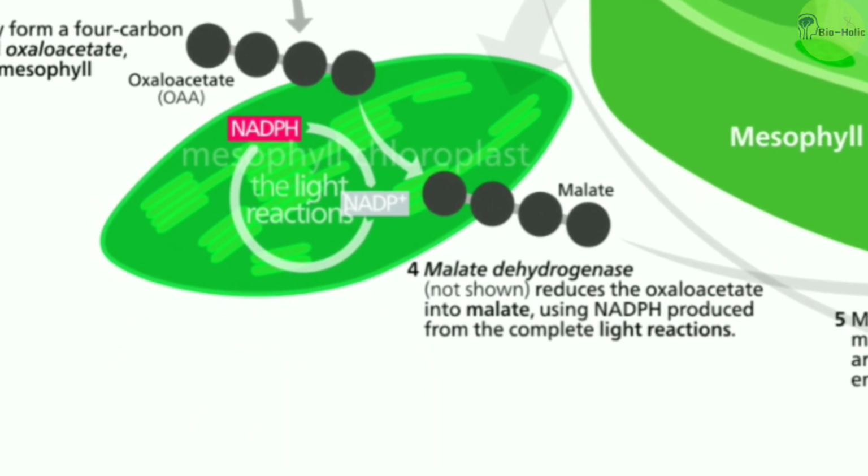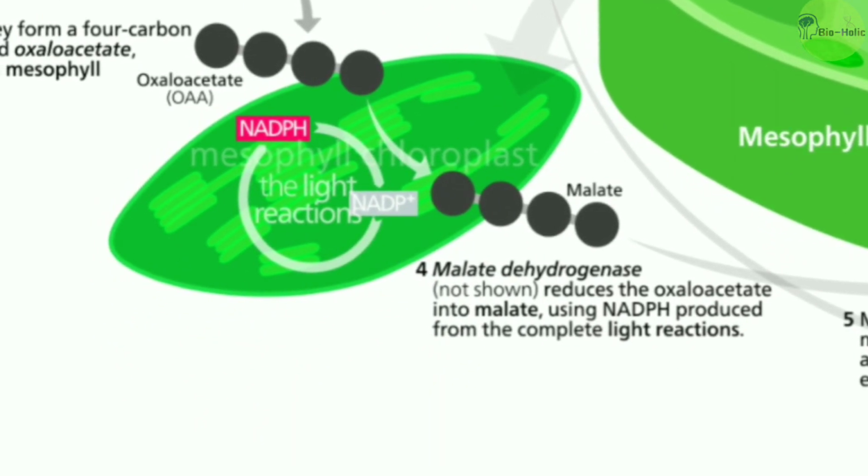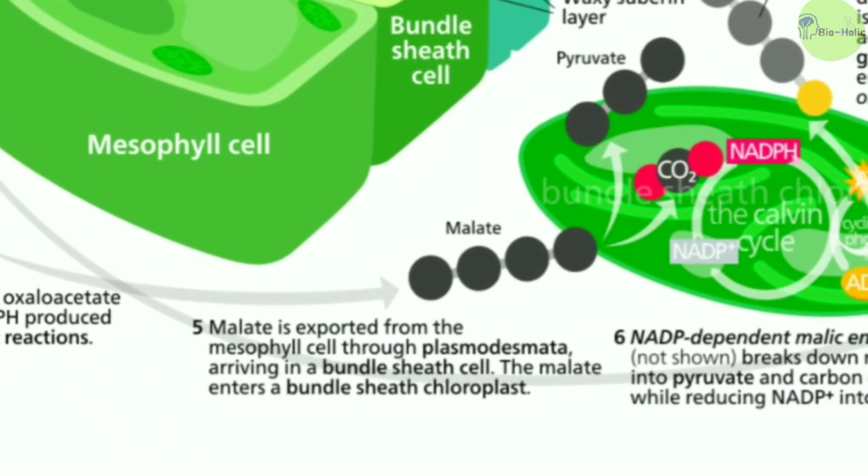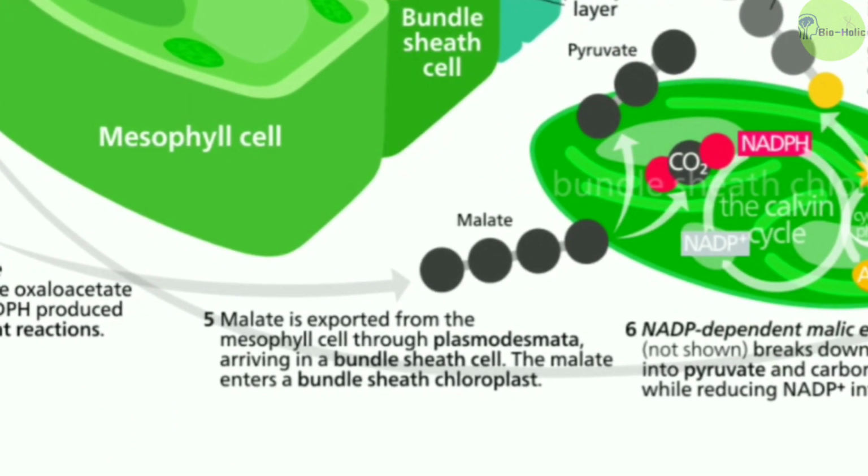Next, malate dehydrogenase reduces the oxaloacetate into malate using NADPH produced from the light reaction. Then, malate is exported from the mesophyll cells through plasmodesmata, arriving in the bundle sheath cells. The malate enters the bundle sheath chloroplast.